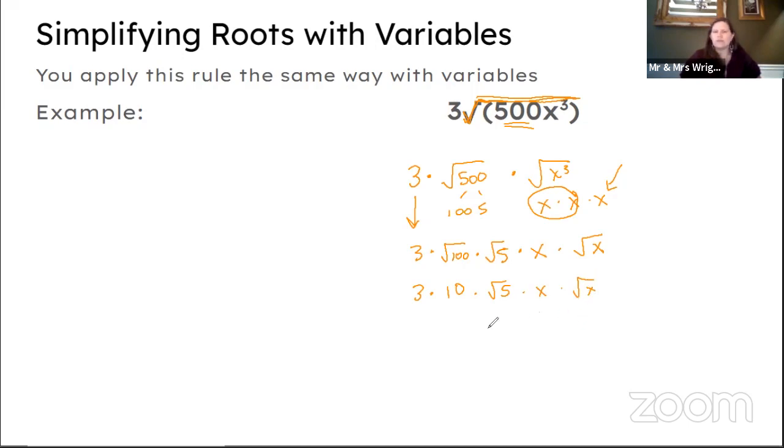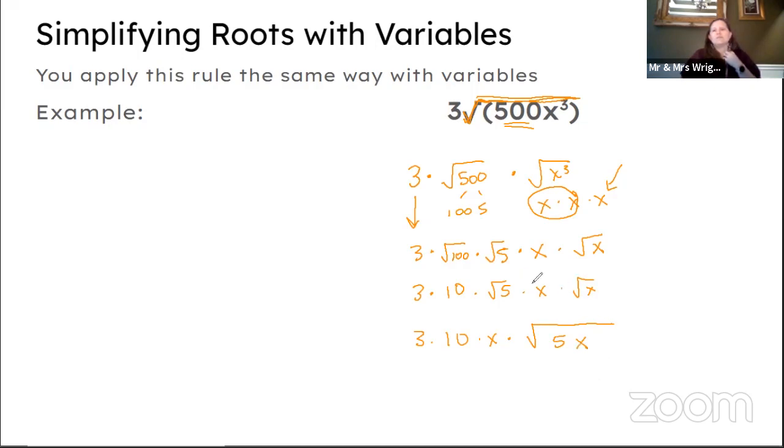I want all my radicals to be put together. And remember, with multiplication, order is not important. Order doesn't matter. So I can switch this around however I see fit, whatever makes it easier for me. So I'm going to put 3 times 10, and then I'm going to put this x here, times x. And then times, I'm going to stick these back under the same roof here, 5 times x.